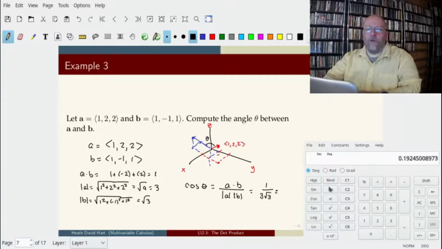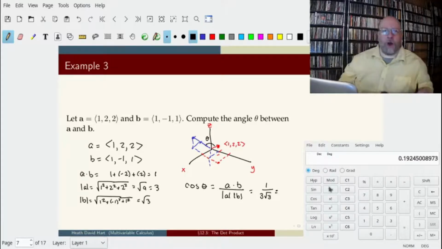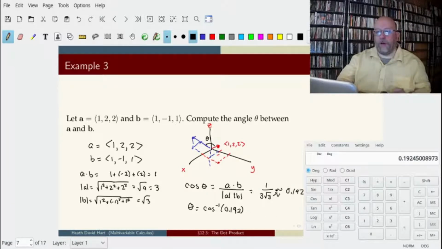Something, 1 over that is approximately 0.192. So I'll say this is approximately 0.192. And then the angle will be the inverse cosine of that. And we can calculate that out also. And we get about 78.9 degrees.